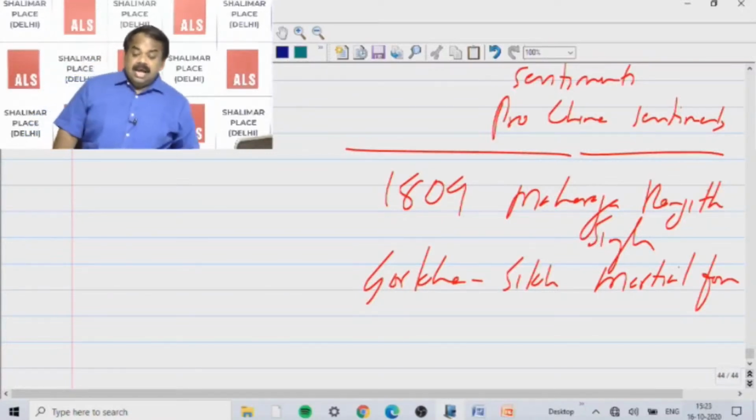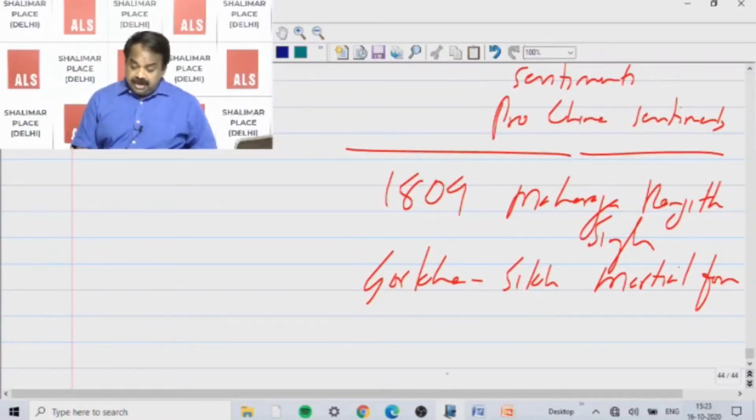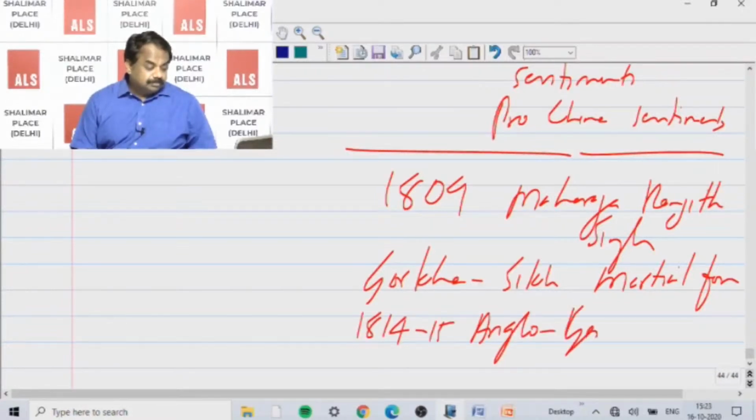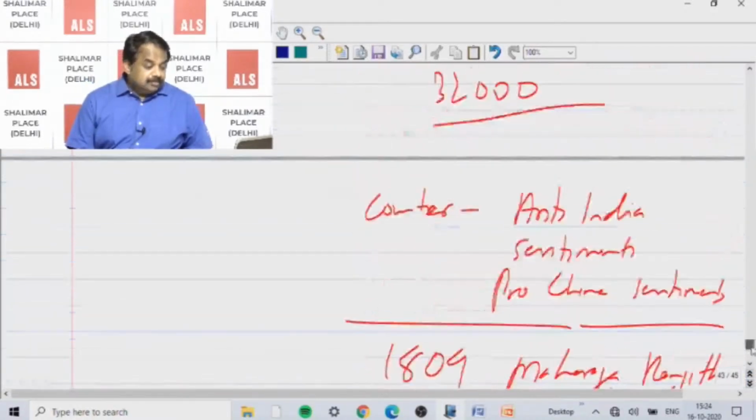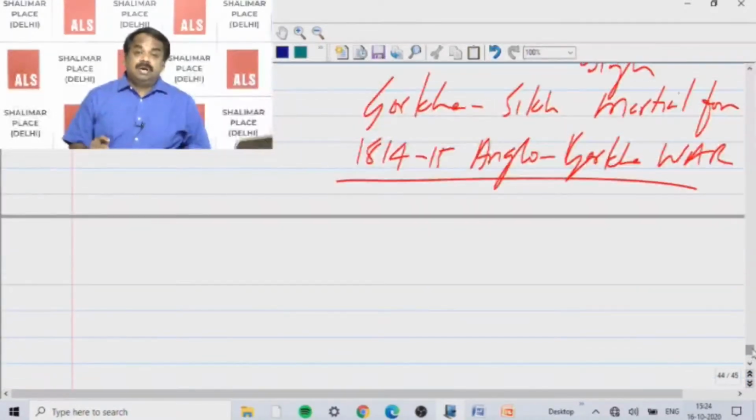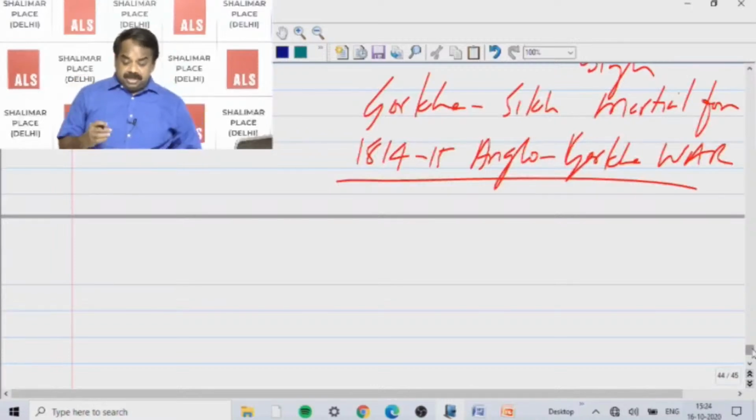Then after the Anglo-Gorkha War of 1814-15, the recruitment of Gurkhas into the British Indian Army started. So we are talking about more than 200 years of recruitment of Gurkhas into the British Indian Army.